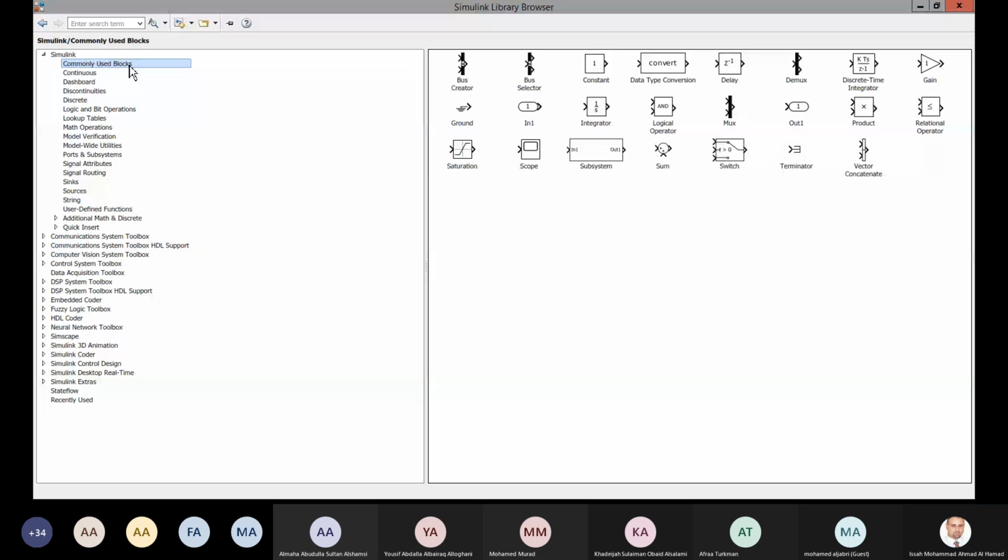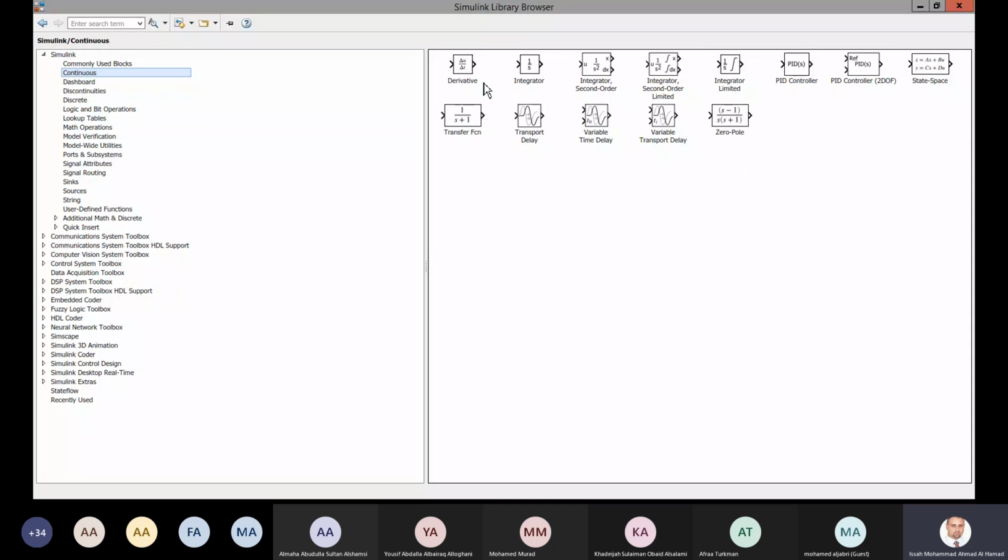So these are the commonly used blocks. Some of them I know, some of them I don't know. Some of them I know, for example, constant, convert, delay. Okay, these are the blocks that are commonly used. Integrator, scope, saturation, sum, product, gain, and so on.